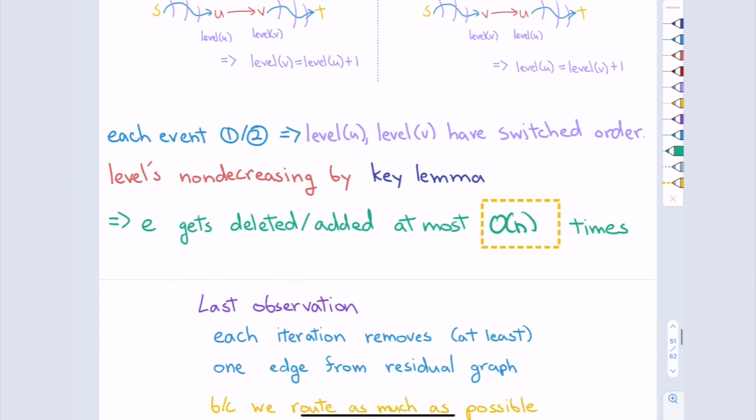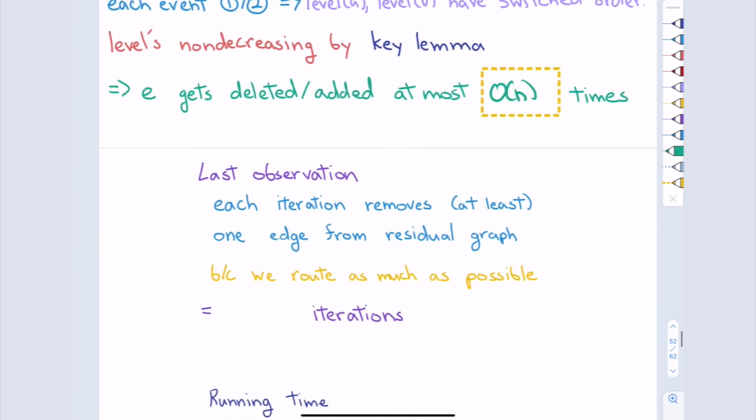Now the last observation is going to use the fact that in my algorithm, I'm sending as much flow as possible along the S to T path. So in particular, whatever edge constrains the amount as much as possible is getting deleted from the graph. Right? So every iteration removes one edge from the residual graph.